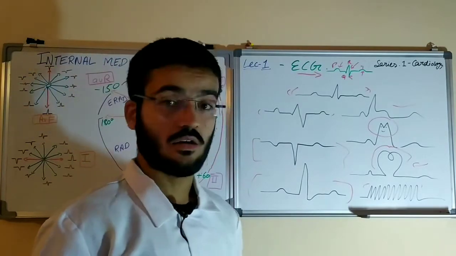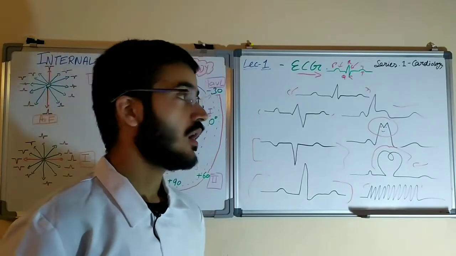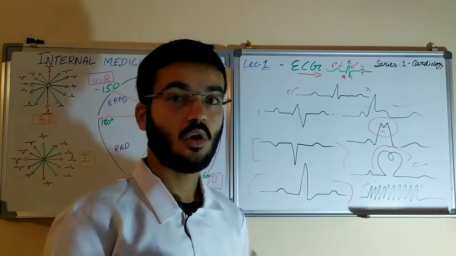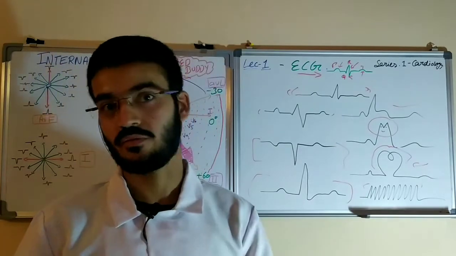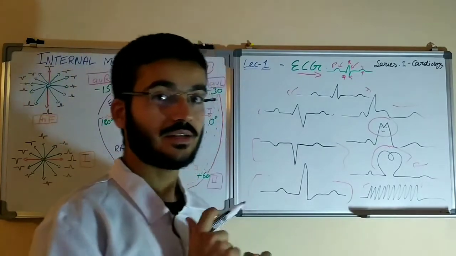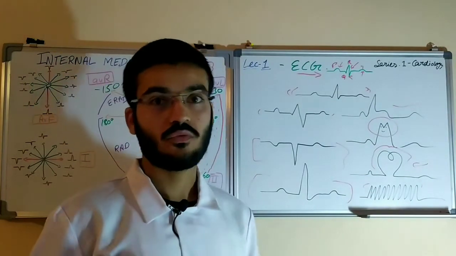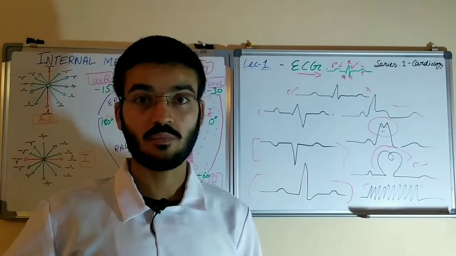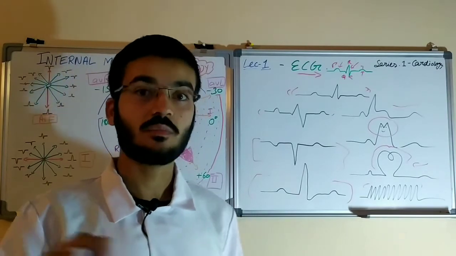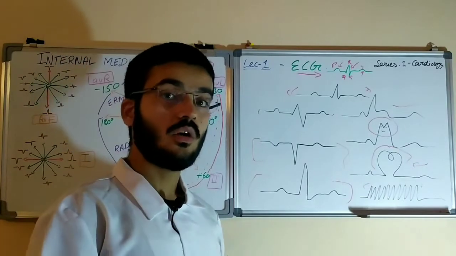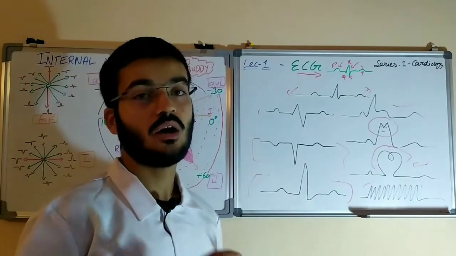In heart electrophysiology, there is a current vector that is presented on a graph in the form of a wave by the electronic machine.